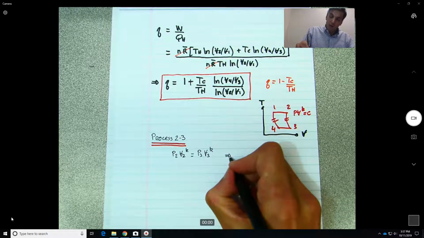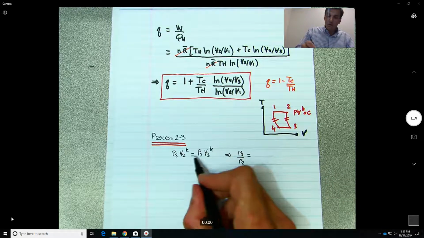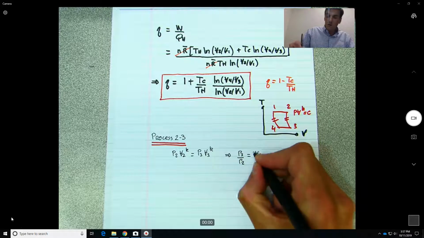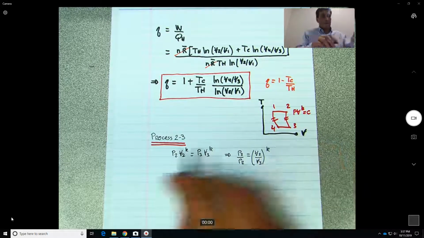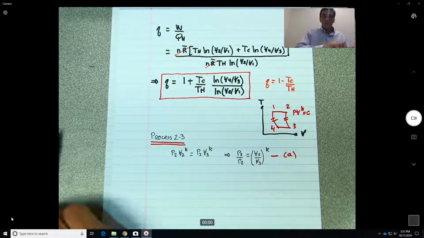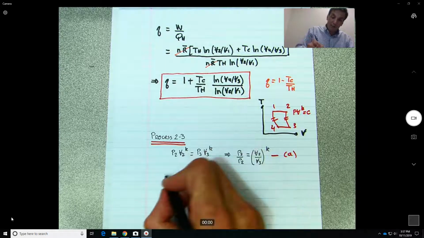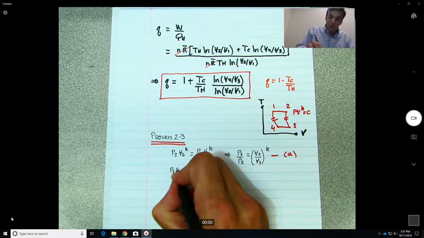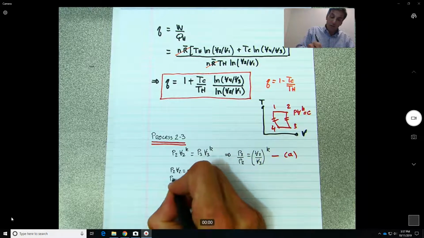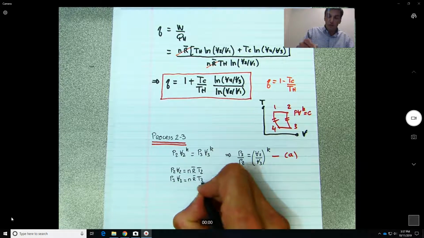So from here we can write down, let's say, P3 over P2 will be equal to V2 over V3 to the K. And let's call that expression A. Now we also know that we are dealing with an ideal gas or an ideal substance, so in that case we can write down P2 V2 equal to N R bar T2, P3 V3 equal to N R bar T3.